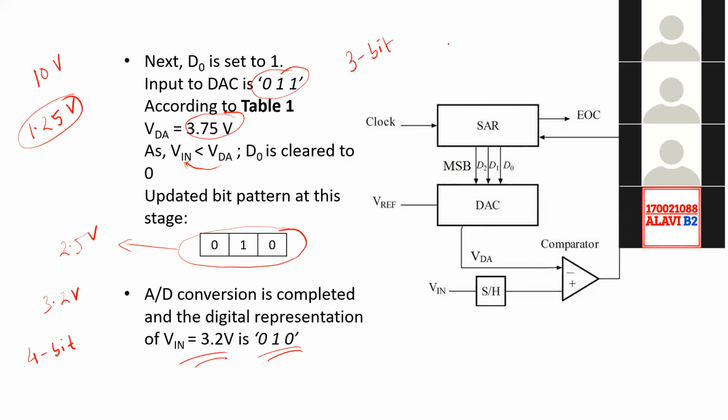Now, if I want to go for 4-bit, 5-bit, or even higher number of bits, that will increase the resolution or increase the accuracy by reducing the quantization error. What could be the possible problem if we increase the number of bits in case of this particular ADC?